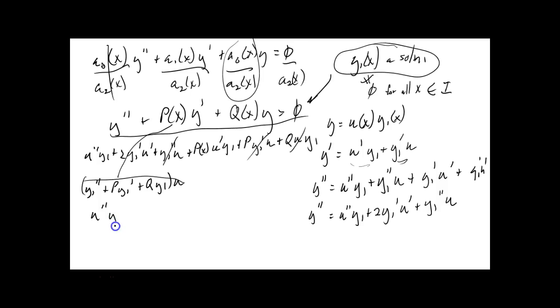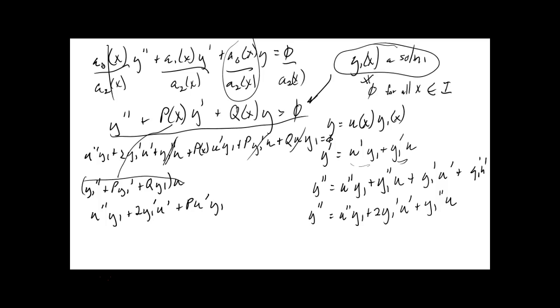U double prime y1 plus 2y1 prime u prime. That one we got rid of. Okay? Plus p u prime y1. And that's all, isn't it? Okay? I forgot to put it. That's equal to 0. We're just plugging in. The first part was 0.